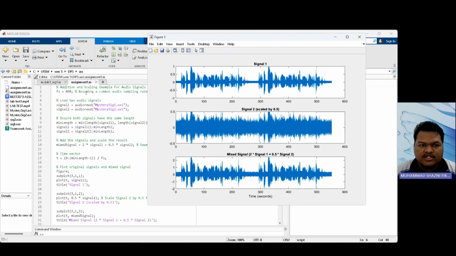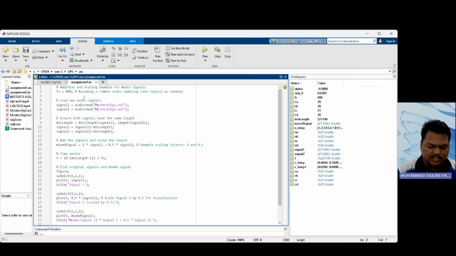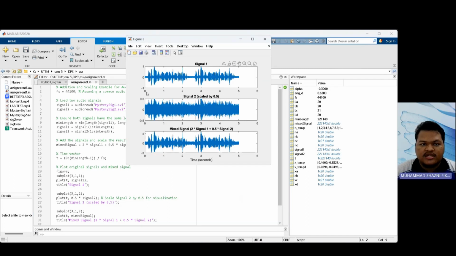In MATLAB, we try to reduce the sampling frequency to 400, because if we reduce the sampling rate, the time becomes longer. With the original sampling rate of 44.1 kilohertz, we can see the time is 1 second, 2 seconds, 3 seconds, and 4 seconds, and so on.